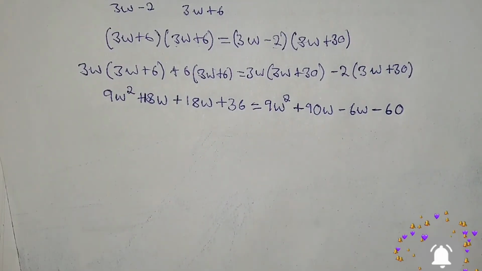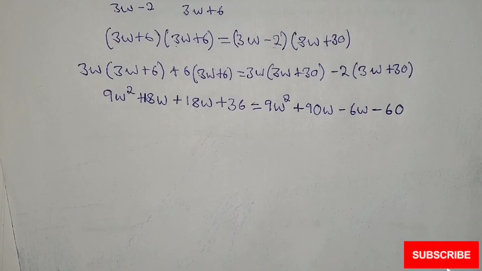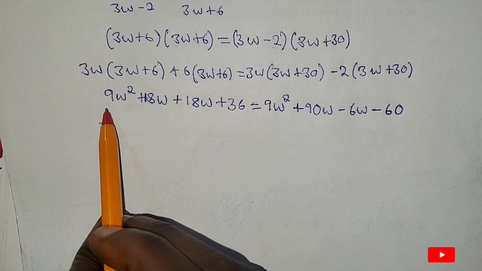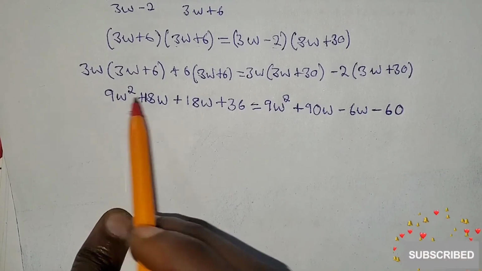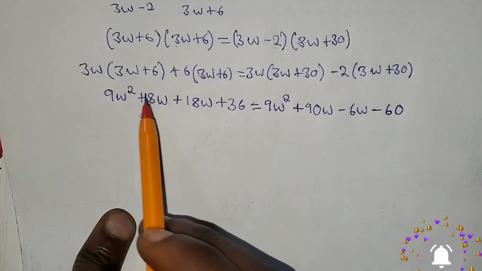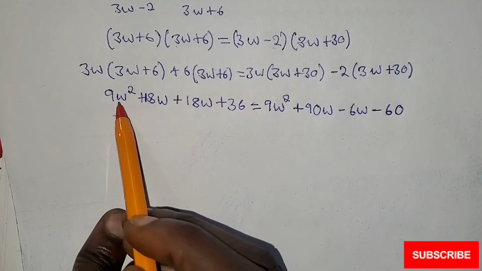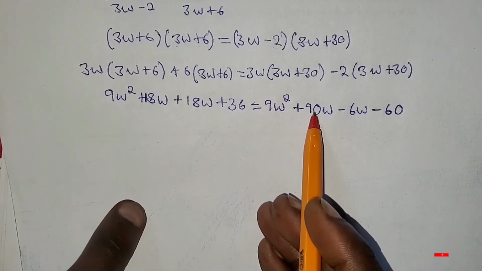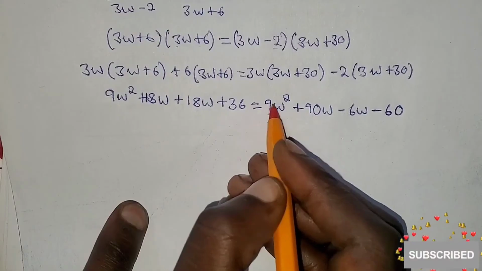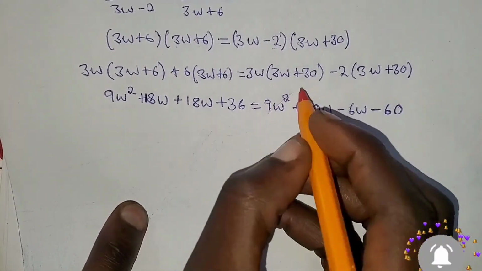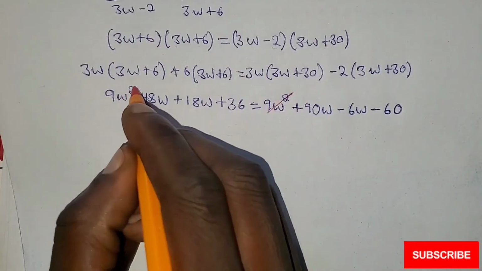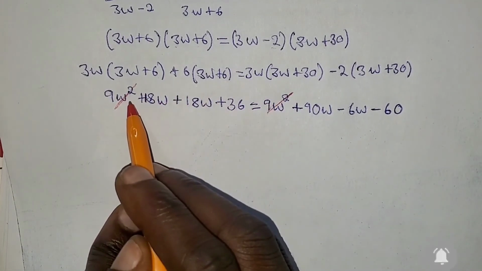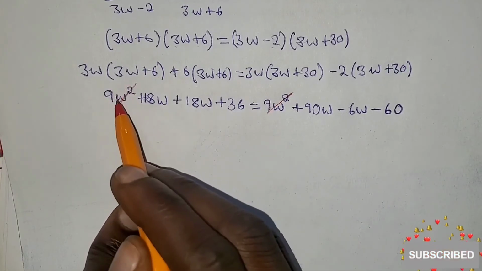Then you can collect the like terms here. If on the left hand side we have a positive term, and the like term on the right is also positive, they can just cancel, because when this one crosses the equal sign it will be minus 9w squared, which will be 0.